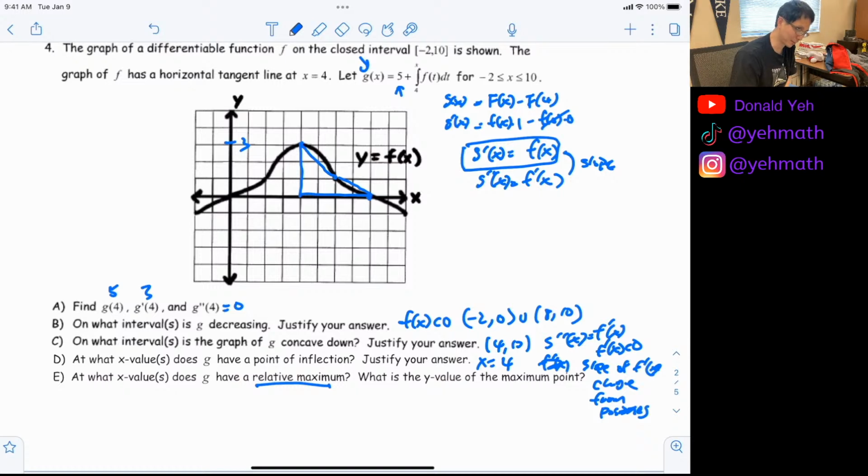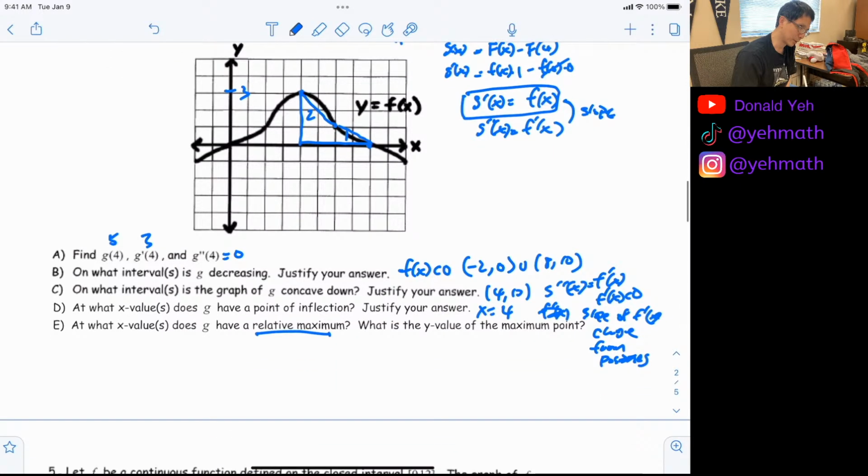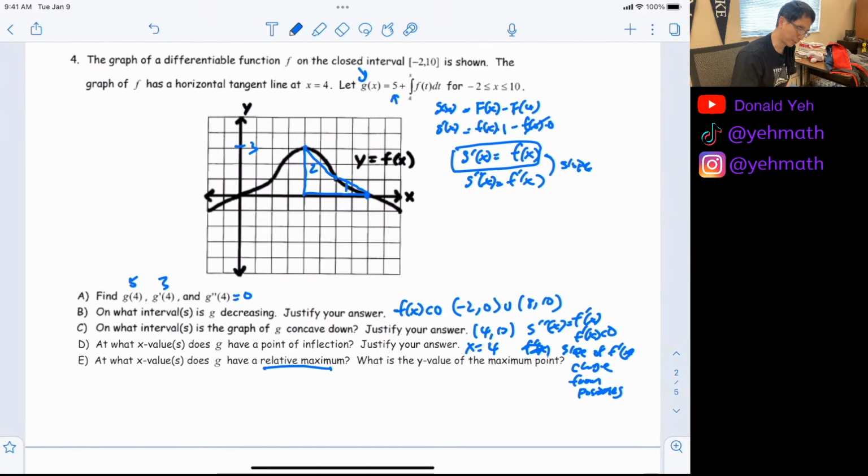So this is a 1, this is a 1, this is a 2, 3, 4. So probably 4 plus 5, which is equal to 9. That's the value. This is x equal to 8.